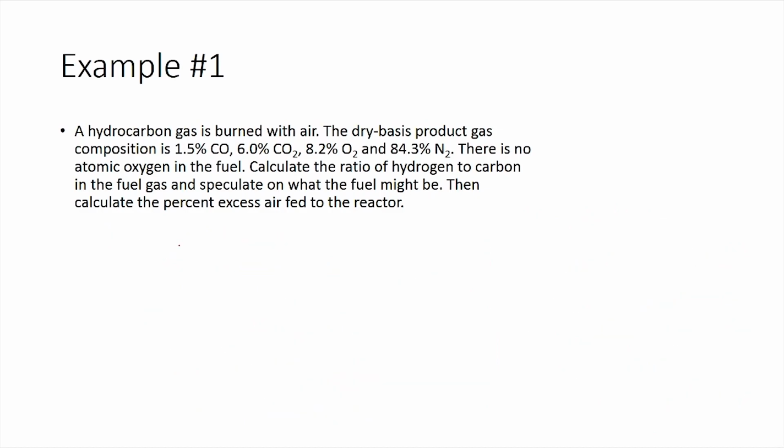So, to calculate percentage excess air, we basically calculate the amount of air which is fed, which is 106.7, minus the amount of air which is required, which is 71.43, divided by the amount of air which is required, 71.43, times 100.